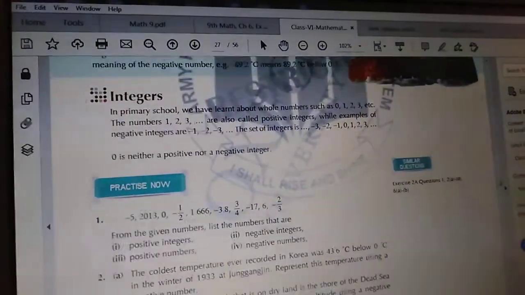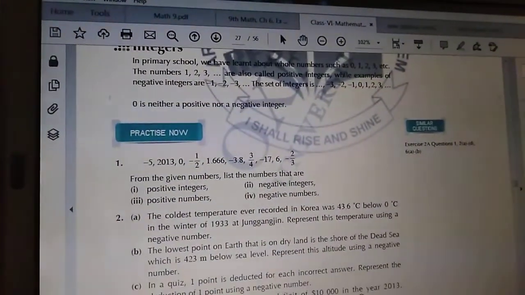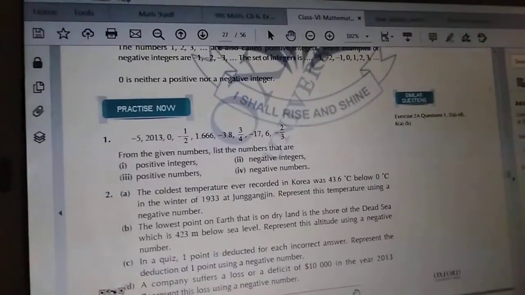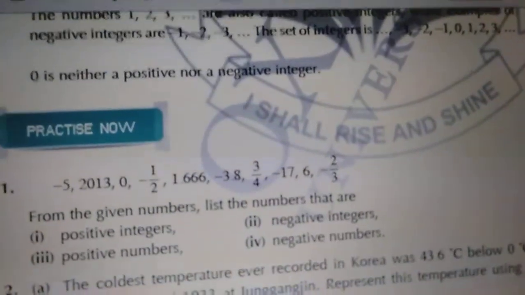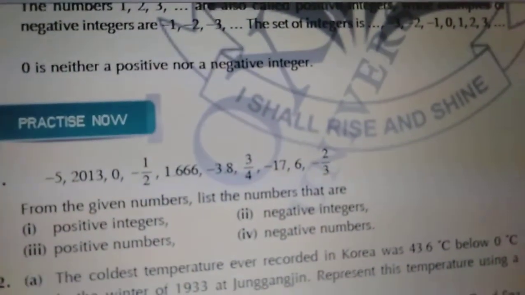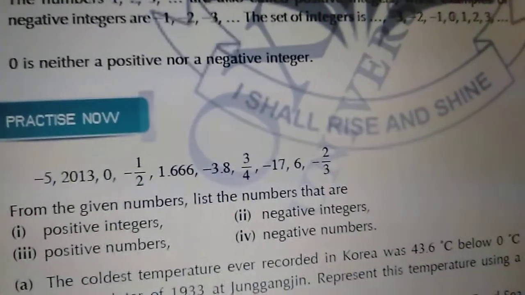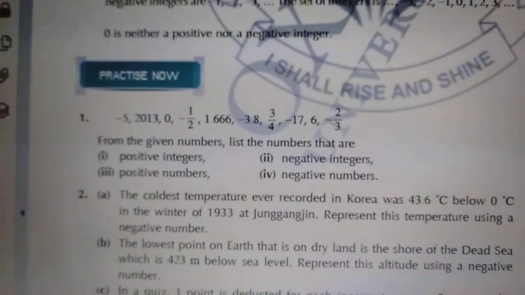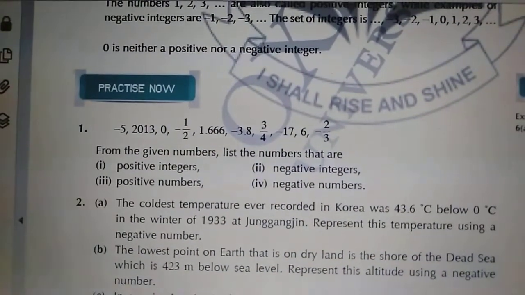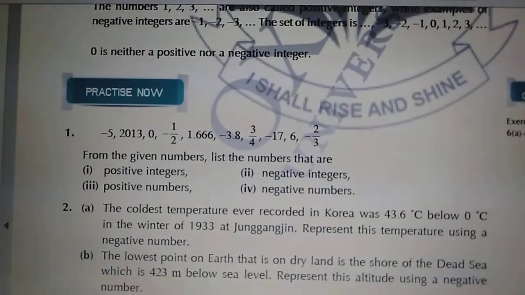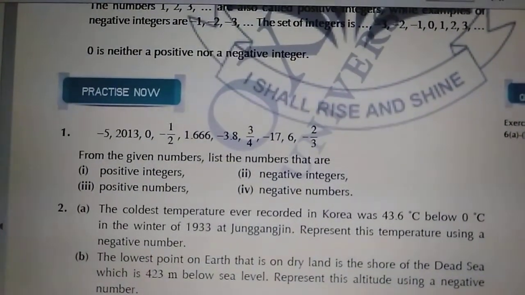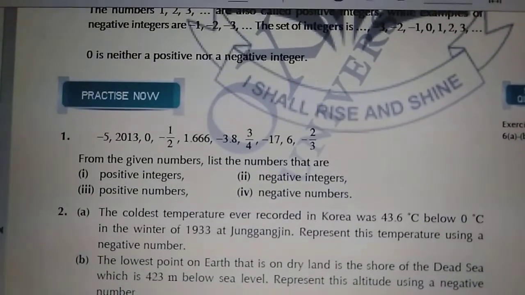Now we are going to solve practice now question number 1. Then we will do the related question from the exercise. So we are going to do this question in your lecture 1 for week 4. In this question some numbers are given and we have to make a list of which numbers are positive integers, negative integers, positive numbers and negative numbers.